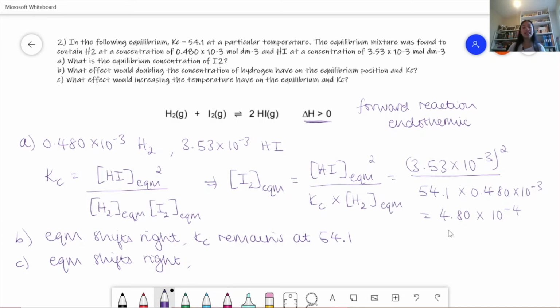And what happens to the Kc is that because the Kc is the ratio of products to reactants, with the products on top, if we produce more products, that fraction will be a lot bigger. So Kc actually increases.